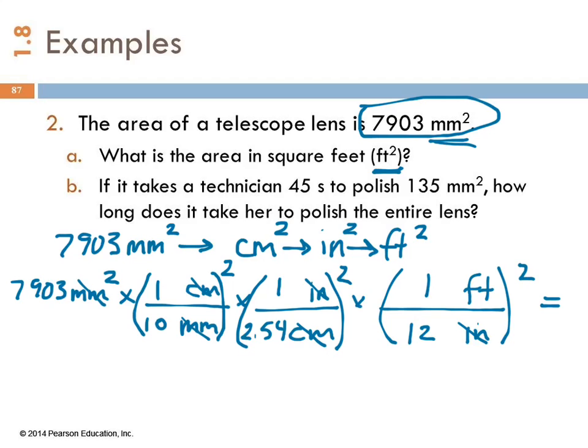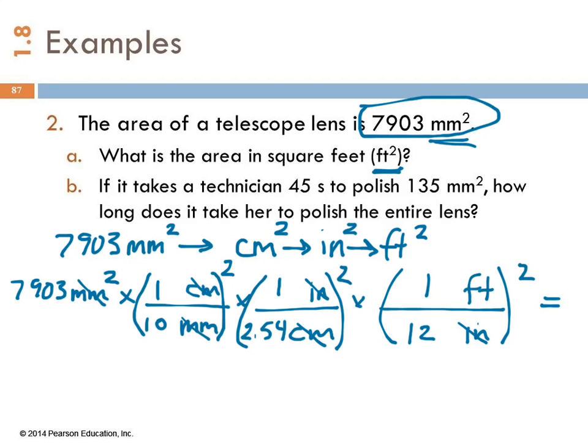Now, how you get this into your calculator is really a matter of personal preference. I would use the x squared button on my calculator. I would do 7903 divided by 10 squared, divided by 2.54 squared, divided by 12 squared equals, and I would get an answer.